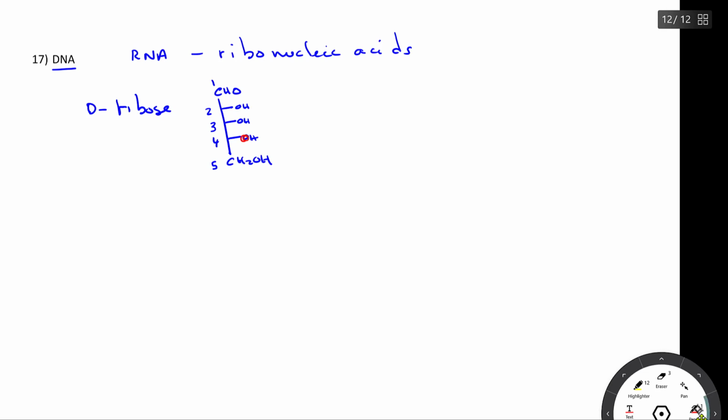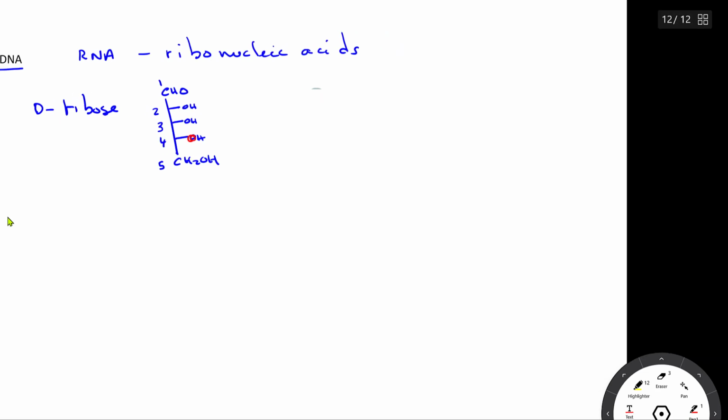So I can draw a ring. And then we can draw either alpha or beta. I'll just make this one go up, so this would be beta. And then this oxygen is this oxygen here.